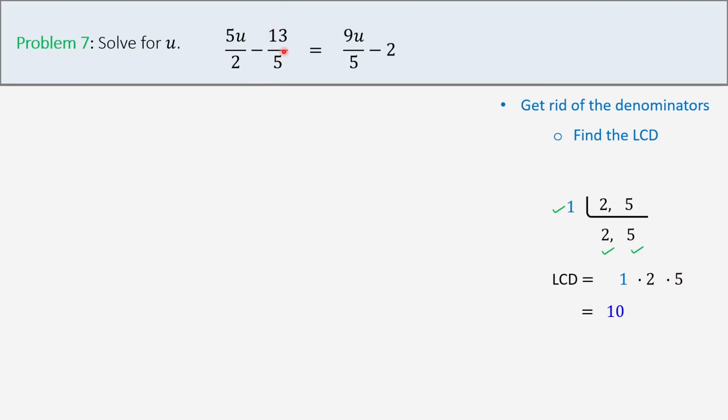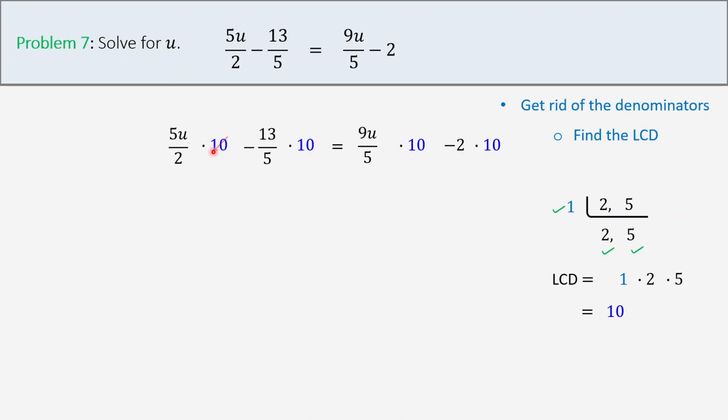Now on the left hand side there are two terms, this one and this one. On the right hand side also there are two terms, this one and this one. You need to multiply each term with the LCD. Take this term, multiply the LCD. Now this term, multiply the LCD is equal to this term, multiply the LCD, then this, multiply the LCD.